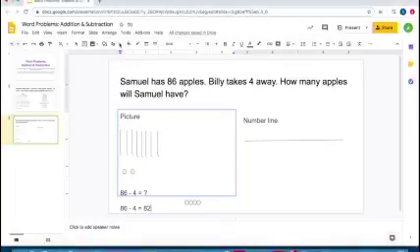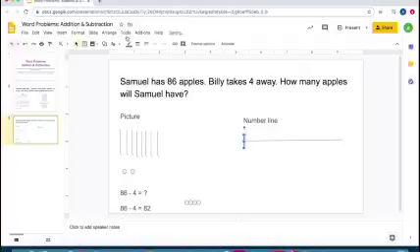If we look at the problem here, I might start at 86.